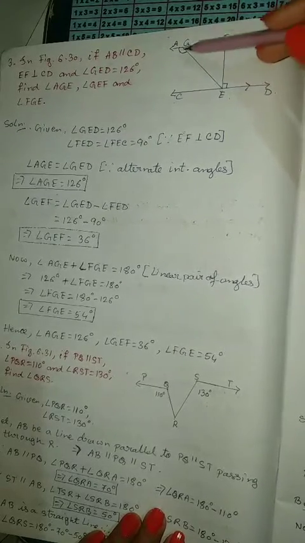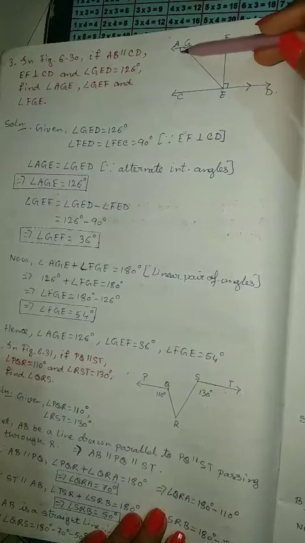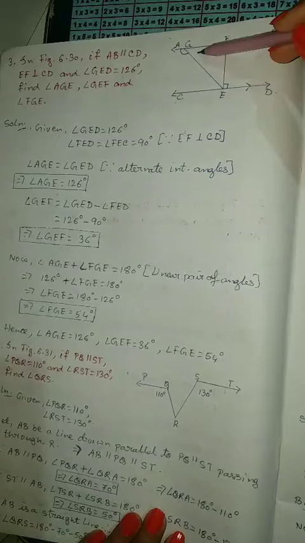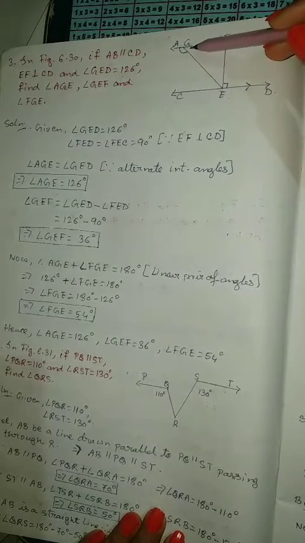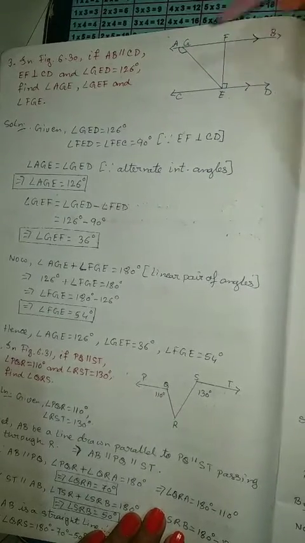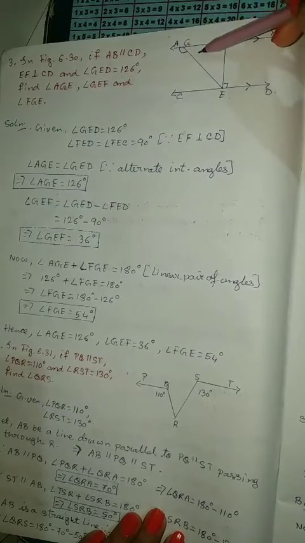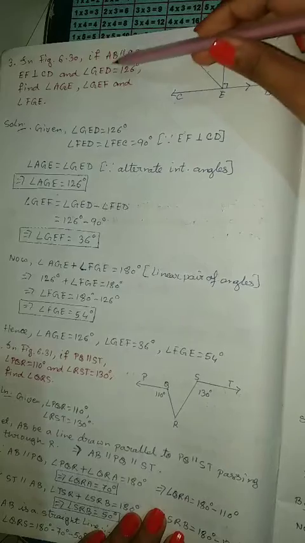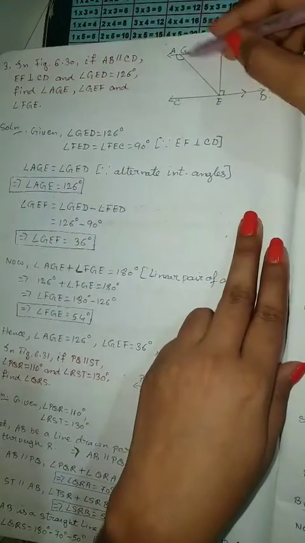We can also say these two are a linear pair of angles, isn't it? So since these two are a linear pair of angles, we can say that the sum of these two will be 180. But we don't know the value of this one. We know the value of GED. Where is GED?